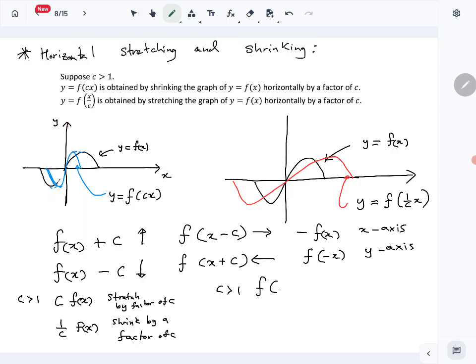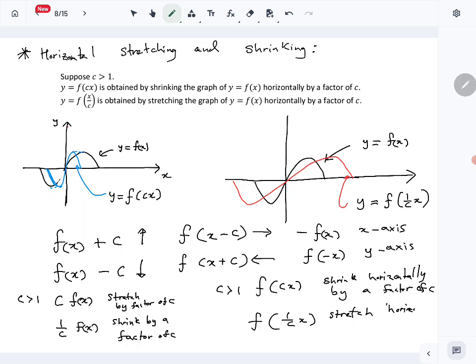Now the c is inside. If it's f(cx), what happens? Shrink horizontally by a factor of c. If it is f of 1 over c times x inside, you stretch horizontally by a factor of c.